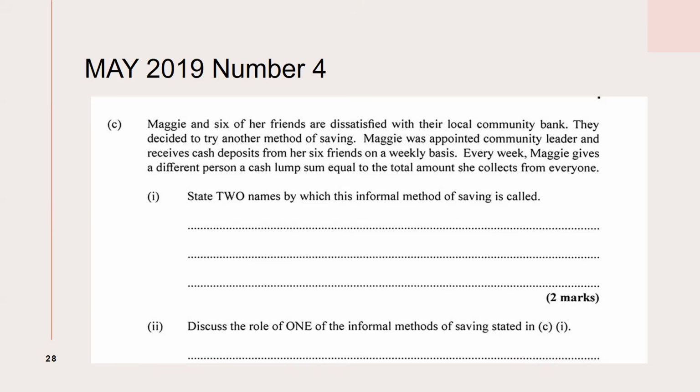Alright. And then they said discuss the role of one of the informal methods of saving stated in C1. Well, it's the same method of saving. Anyway, so how the susu works, it helps you build a saving habit without having to use the bank account. It could also give you access to a large sum of money faster than you normally would have.